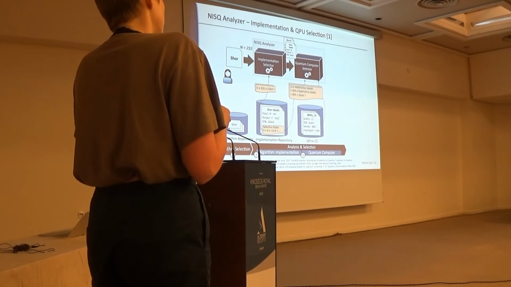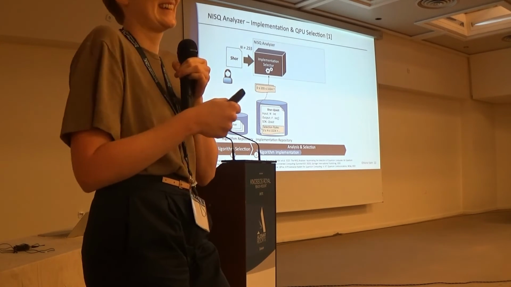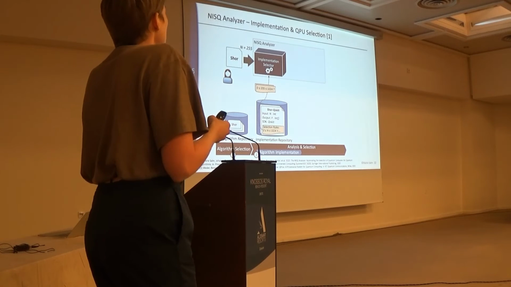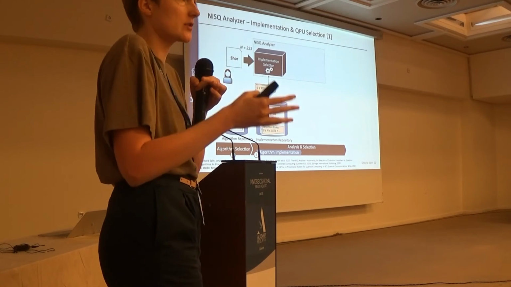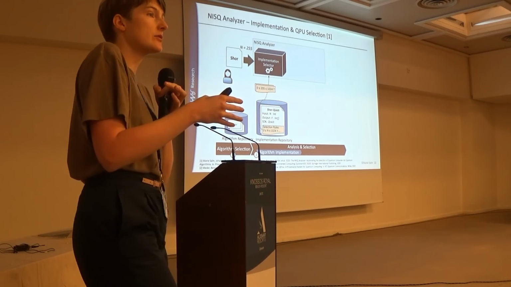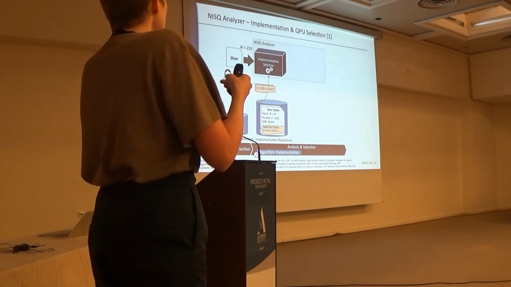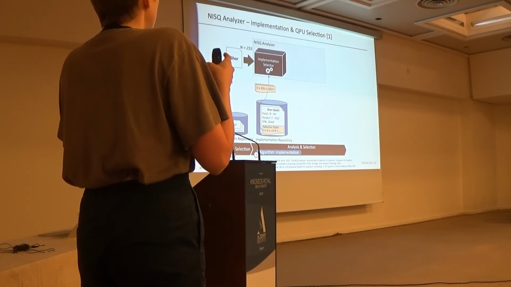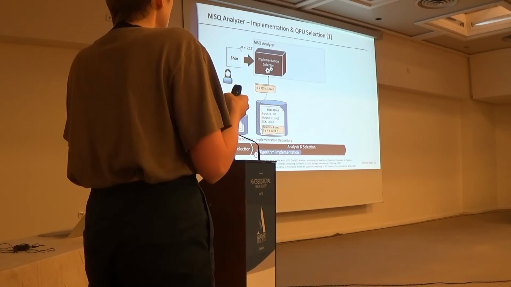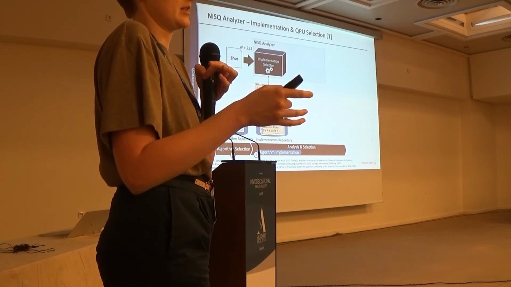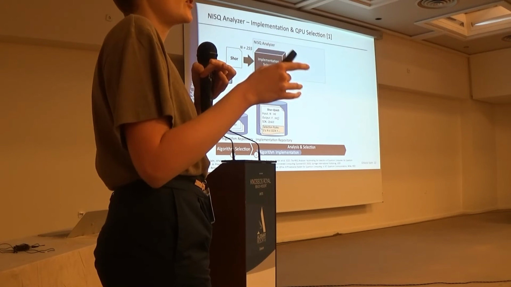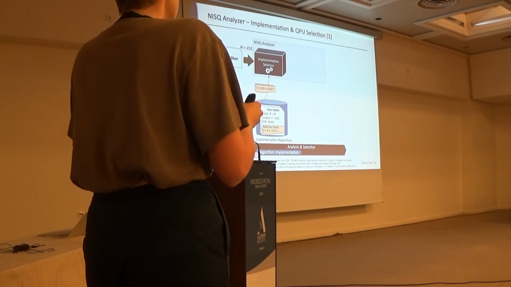And as a first step, we have a set of implementations for this specific algorithm, and the NISQ Analyzer compares the input value with the selection rules attached to these implementations. So the programmer of an implementation defines a selection rule.